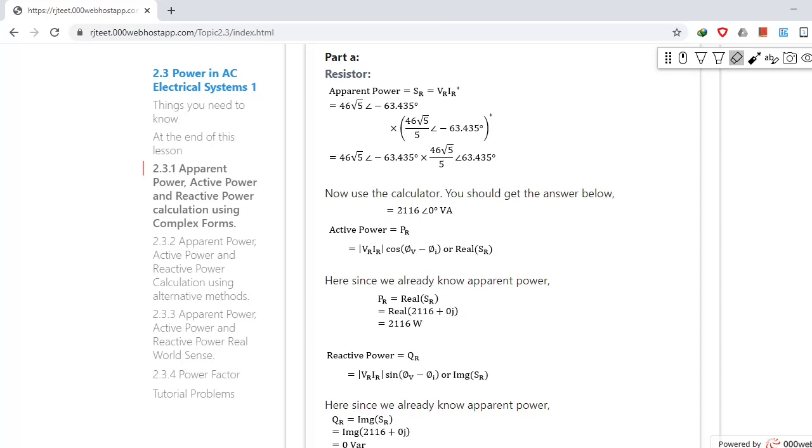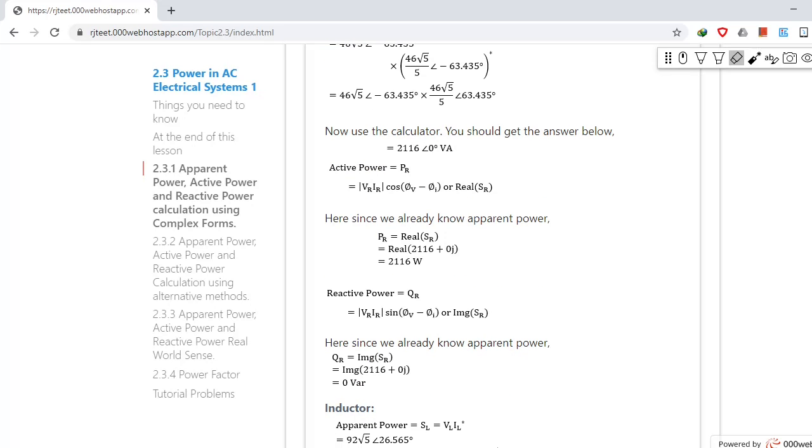And if I am to calculate the reactive power, or imaginary power, I have to take out the imaginary part of my complex, or apparent power, right? So apparent power is a complex value, and I already know this is a real number, therefore it doesn't have an imaginary part. So if I write it in the Cartesian form, it is true that my imaginary part is 0.